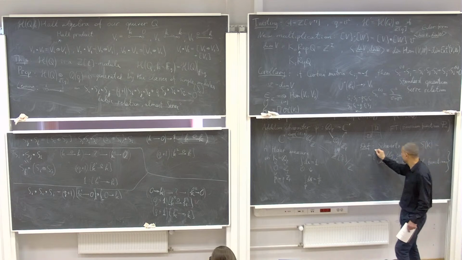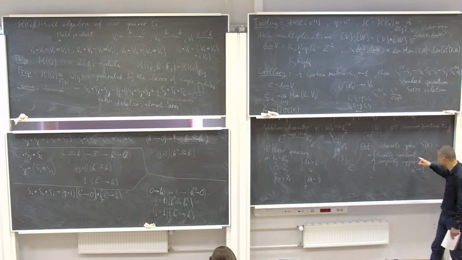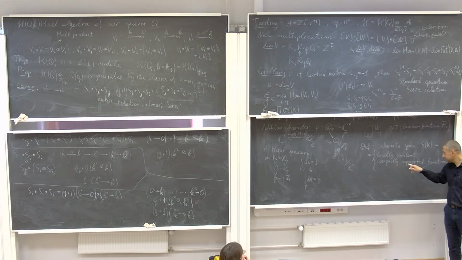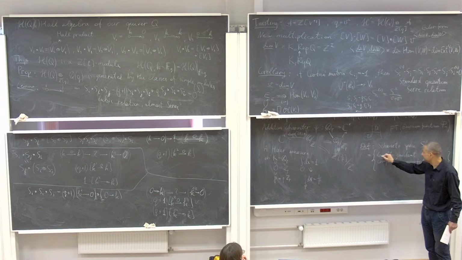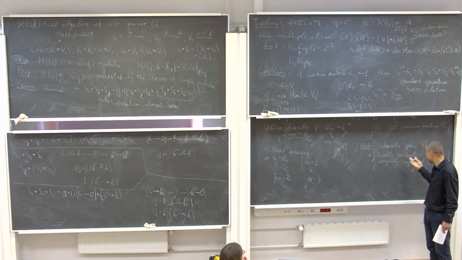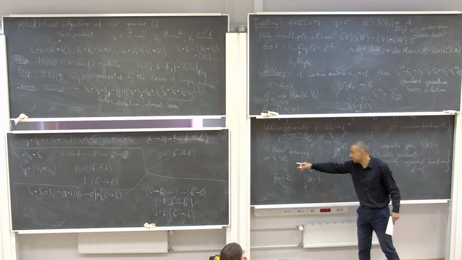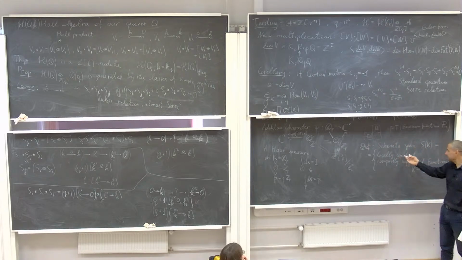Okay, and you see that they are indeed rapidly decreasing, and even very rapidly decreasing. They're compactly supported. If you think of the continuous functions on a totally disconnected field to complex numbers, they must be locally constant.